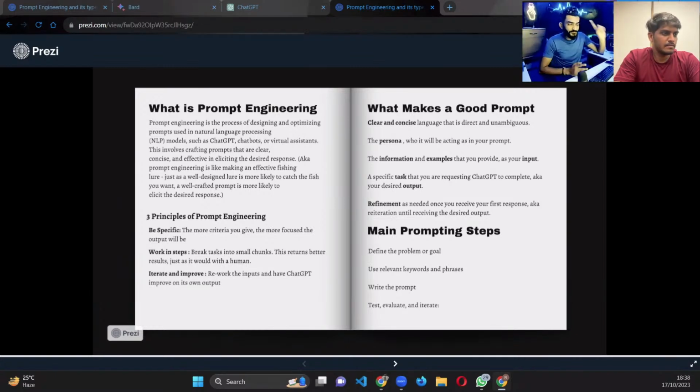So the first principle was we have to be specific with whatever we are going to ask. And the second thing is we always have to break our problem or our prompts into small pieces and chunks. Third, please reiterate as much as you can.